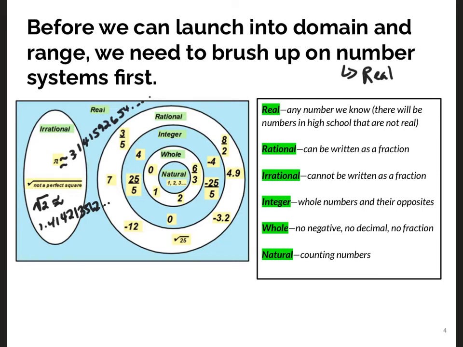On the flip side, a rational number is any number that can be written as a fraction, or any decimal where, if it doesn't end, it repeats a pattern. So let me get the example of 0.111 repeating.